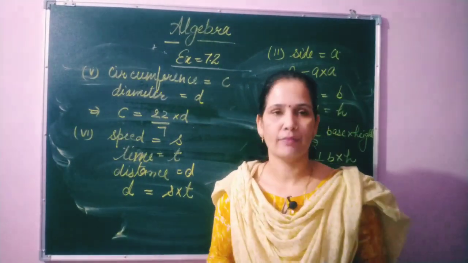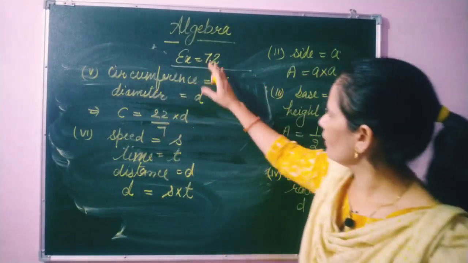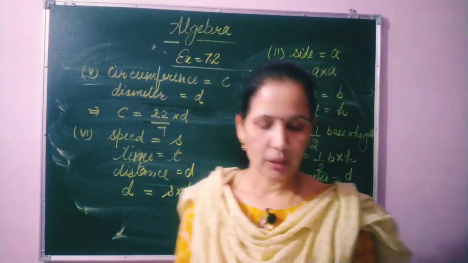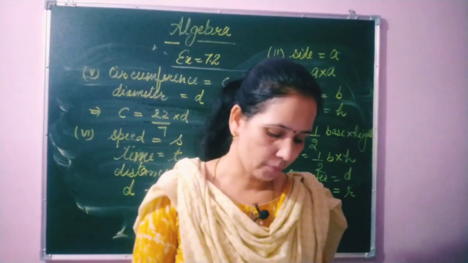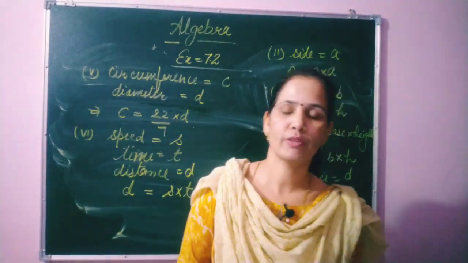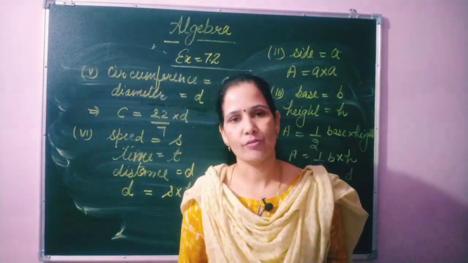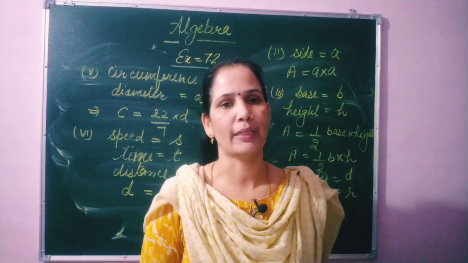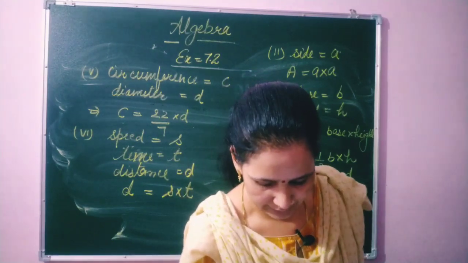Now let's discuss question number 4. Till here we have discussed the full question number 3. Question number 4 is given in the form of a pattern. We have to observe the pattern and write the next 3 terms of the pattern, and you have to generalize the formula for how the pattern moves with the help of algebra. How?